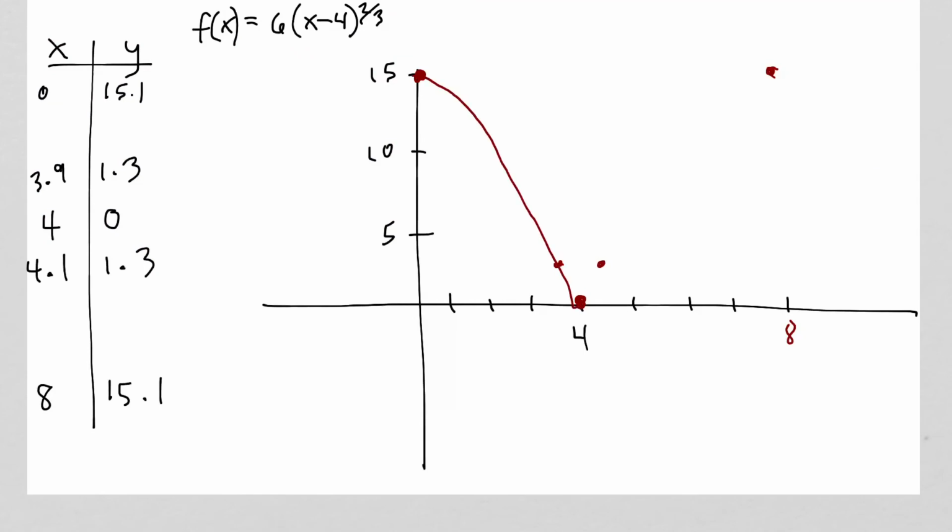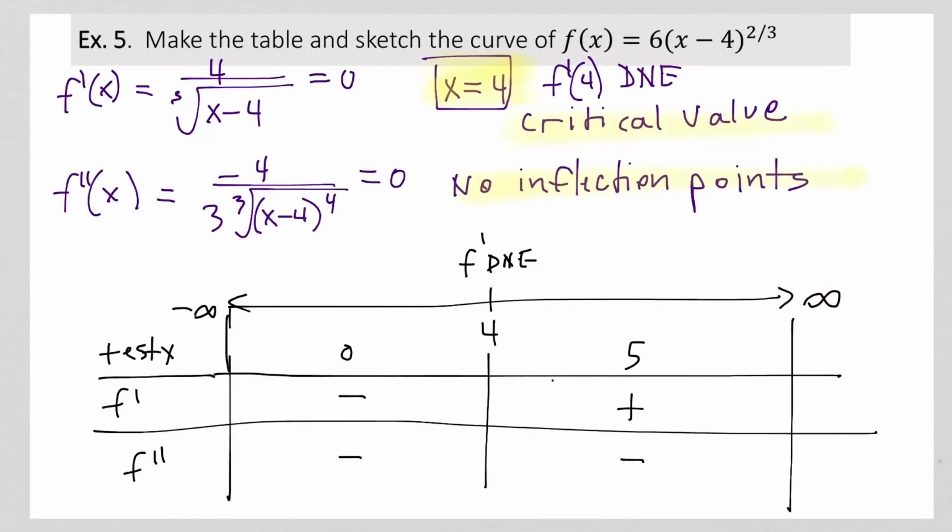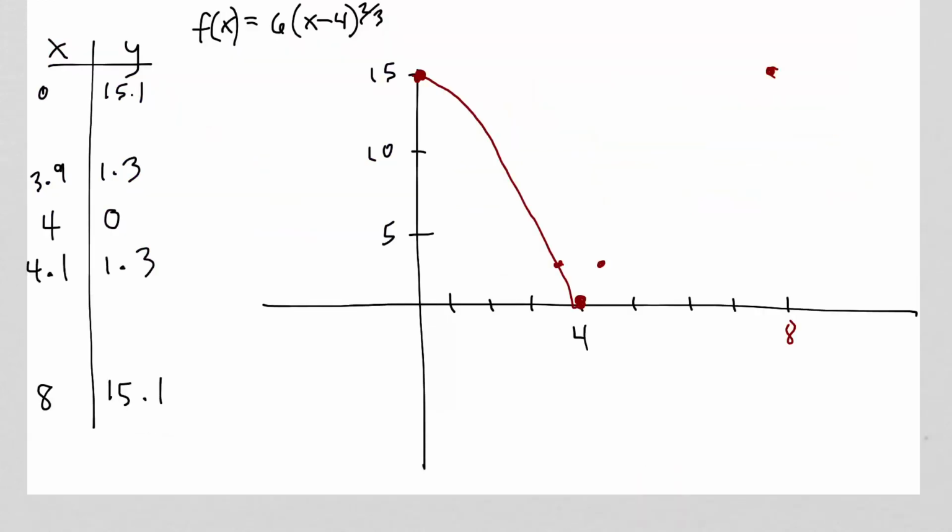And then on the other side of 4, I'm uphill, still concave down. So the only way for that to happen is if you come in there at a point. All right, so this is how your graph is going to look. It's going to come in at a point right here.